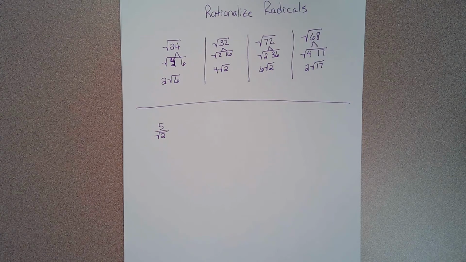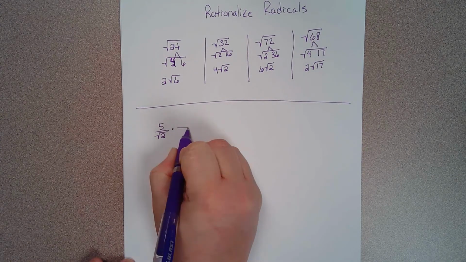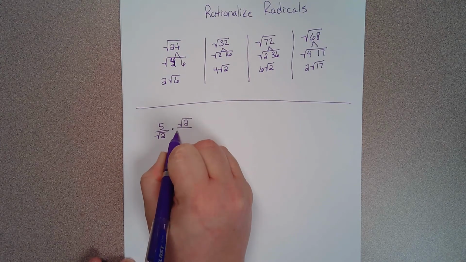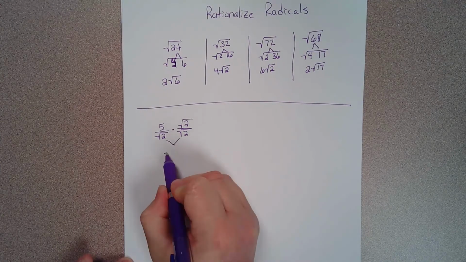So to work on this, it's quite simple. You multiply the top and the bottom by the radical. Now, the reason behind this is very simple. We said when we squared a square root, it dropped the radical. Well, isn't squaring the square root the same as multiplying it by itself? So square root 2 times square root 2 becomes square root 4.